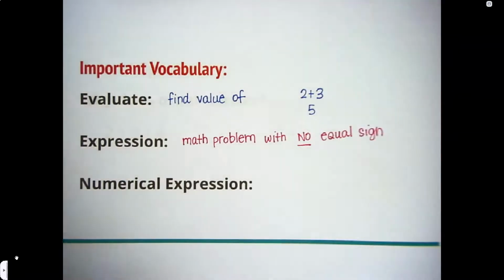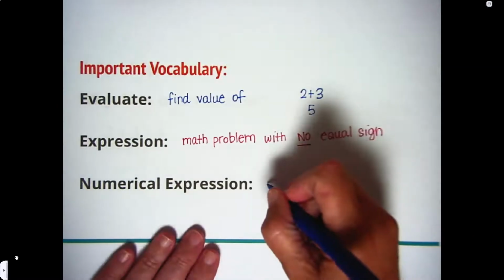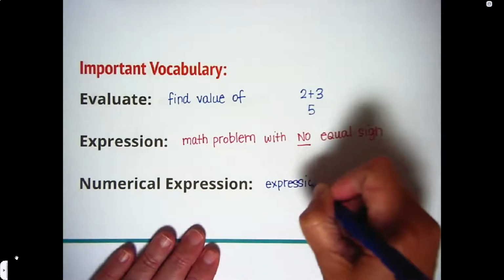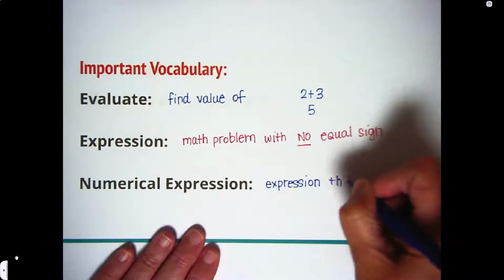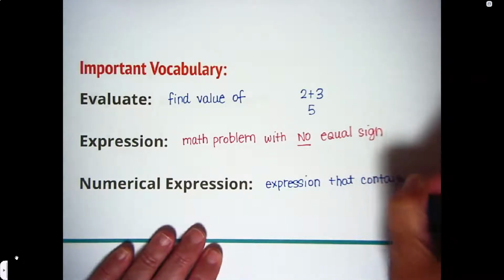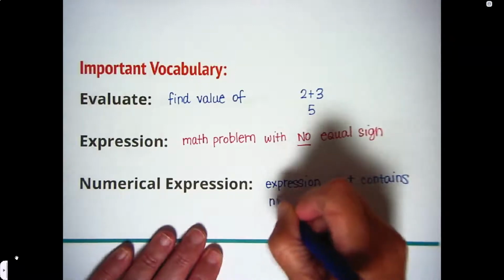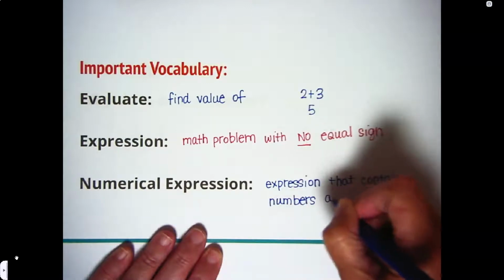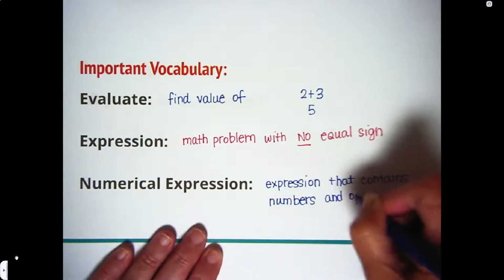Now, the types of expressions we're going to be working with today are numerical expressions. When you hear numerical, that should make you think number. So a numerical expression is an expression that contains numbers and then operations.